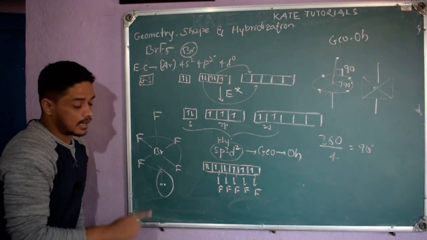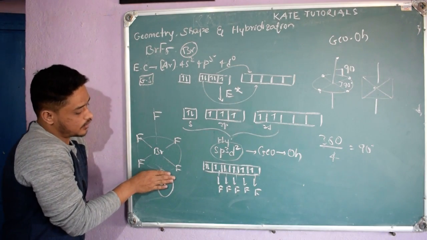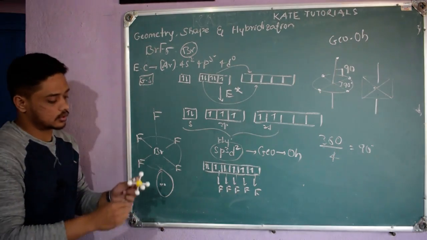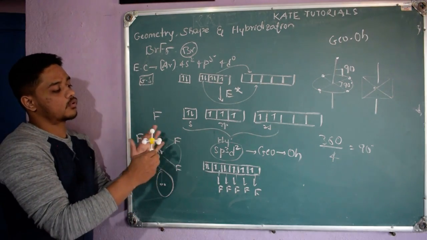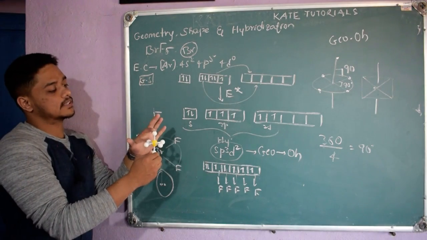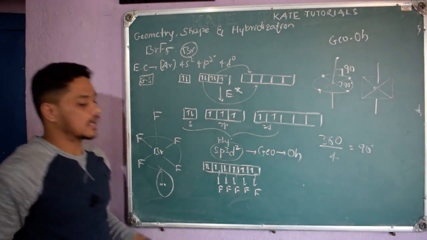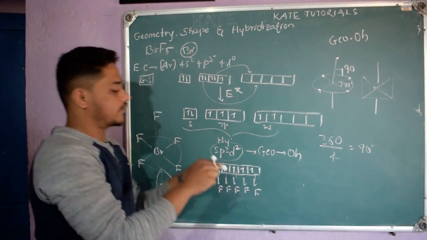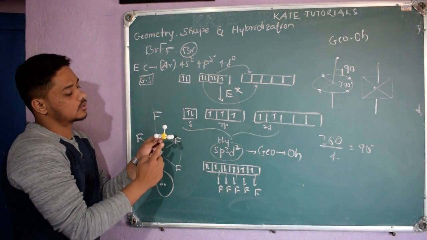But shape, I told you, while telling shape you should not see this lone pair. If you remove this lone pair, here see 4 fluorines: 1 fluorine, 2 fluorine, 3 fluorine, 4 fluorine, and 1 fluorine above. Yes, this is the fluorine which is above, and here I have the lone pair, so I will remove that lone pair, right? While telling shape, I told you don't see the lone pairs.